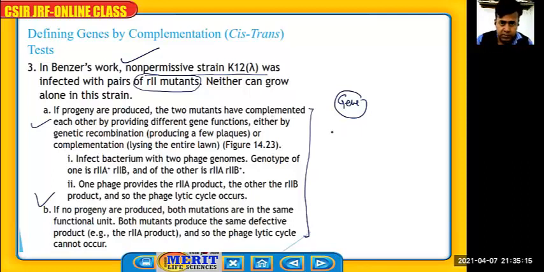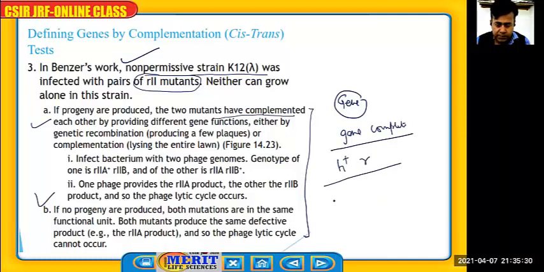If progeny are produced, the two mutants have complemented each other, and that's why their genes were complete. Gene complete means H plus R. This was the one gene, and the gene was HR plus. So if they are making recombinants, then only they can show their morphology. They can show their behavior as H plus R plus HR.